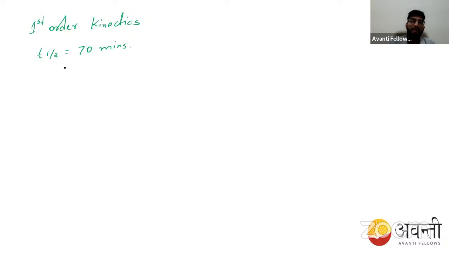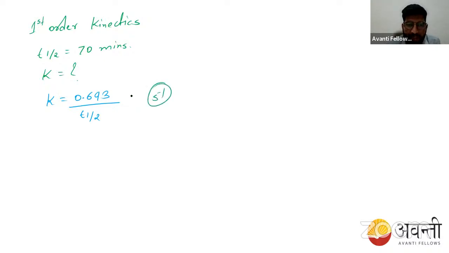And we have to calculate the rate constant, which is K. I know that for a first order reaction, the relation between T half and the rate constant is K is equal to 0.693 upon T half. So this is our equation for finding the rate constant of the reaction. But here I have to find the rate constant in per second, inverse seconds.